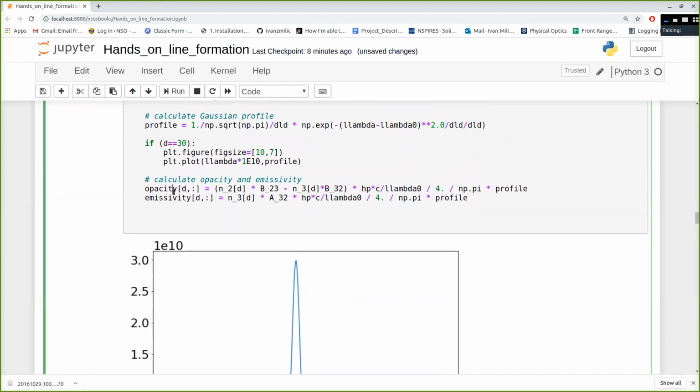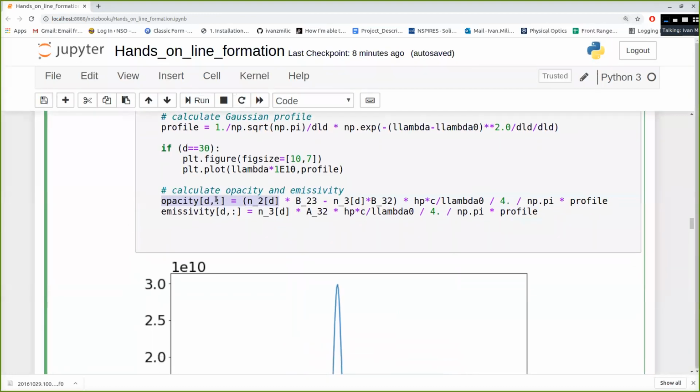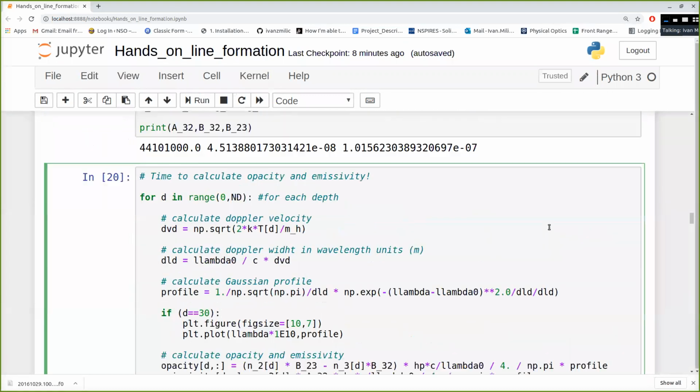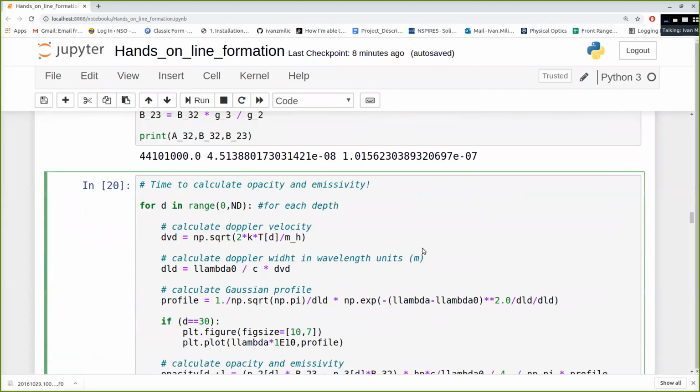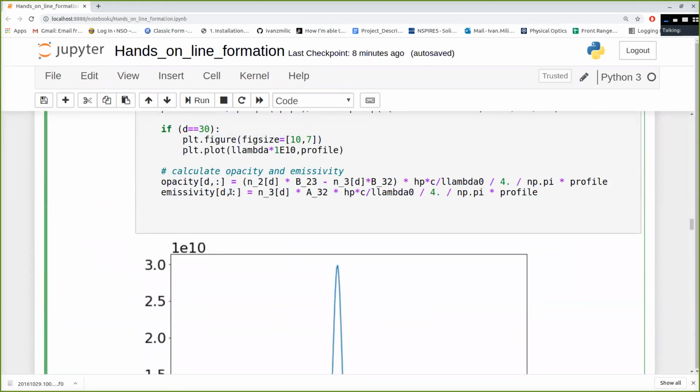Then finally, I can calculate opacity and emissivity at each depth by basically just writing down these things. Let me zoom this a little bit more. Maybe like this is better. This is basically just me translating these two equations into opacity and emissivity. Thanks to the Python creators, I can just multiply things as vectors.